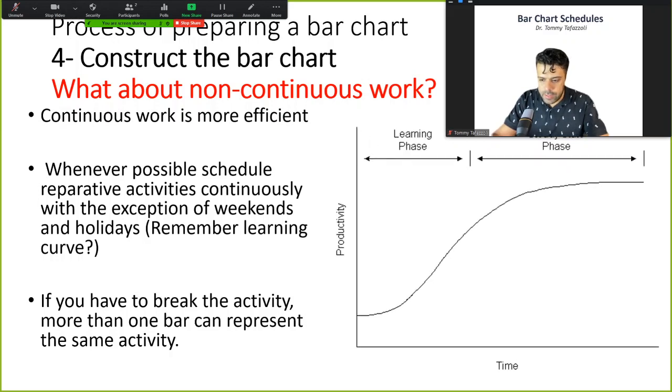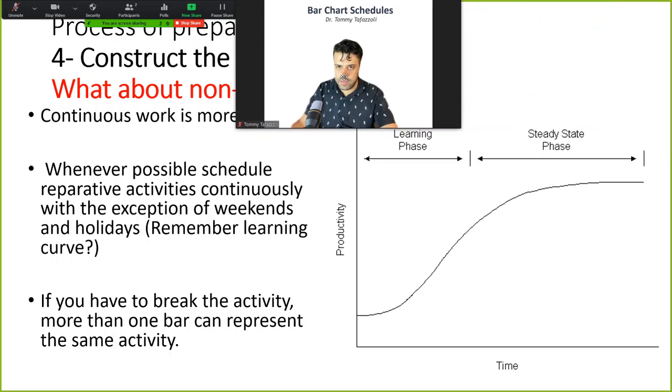Yes, so as you can see, there is time and productivity, and productivity is like this in the learning phase. At first, productivity is low, and then as time goes, after the learning phase is passed, you reach the steady state phase.